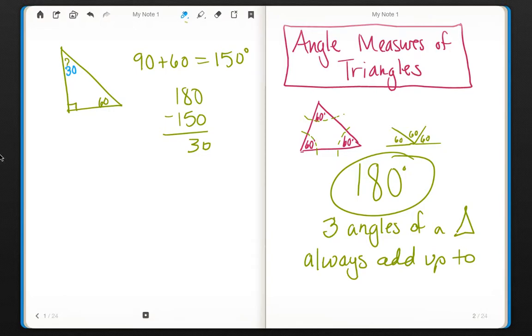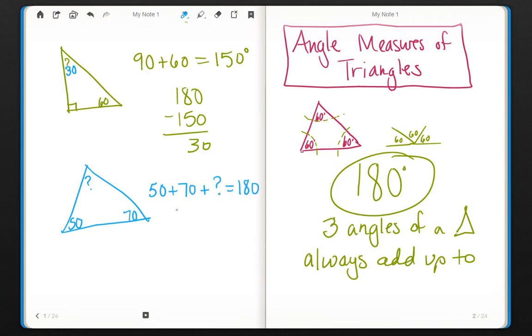If one angle's missing, why don't you try one? Let's say that this is 50, this one is 70. Now it's not really drawn to scale. So find out what the question mark one is. Well, we know that all three together, another way to do it would be to set up an equation. 50 plus 70 plus our question mark, we could put x if you want, is equal to 180.